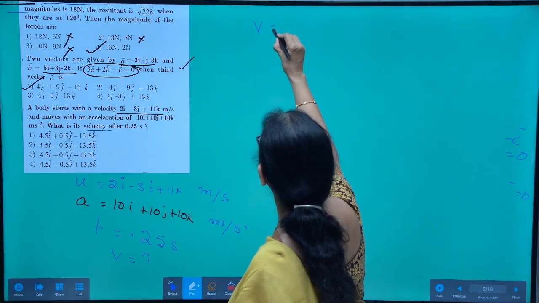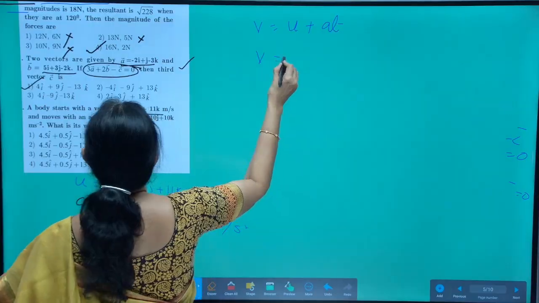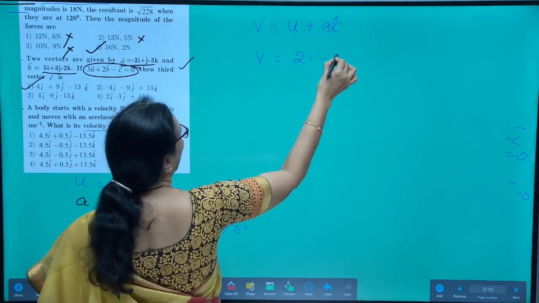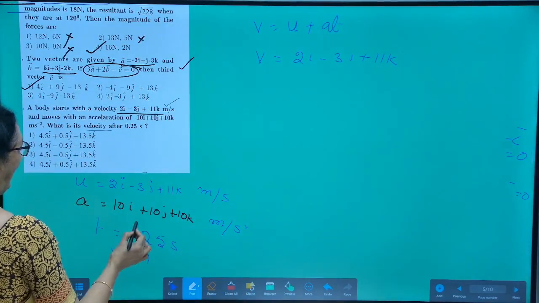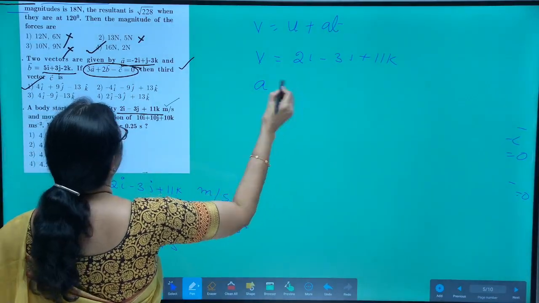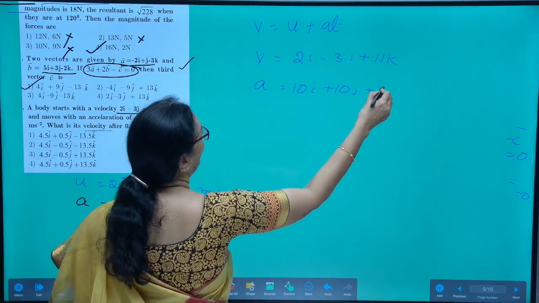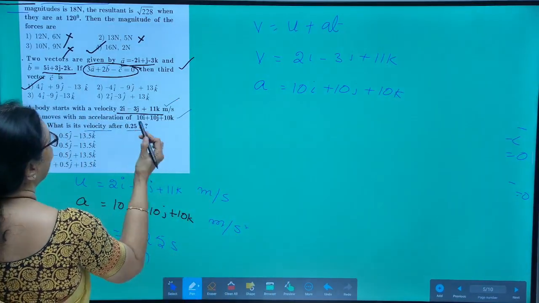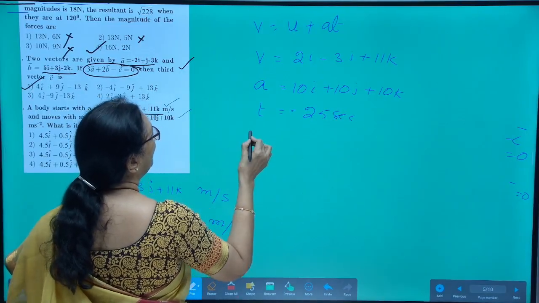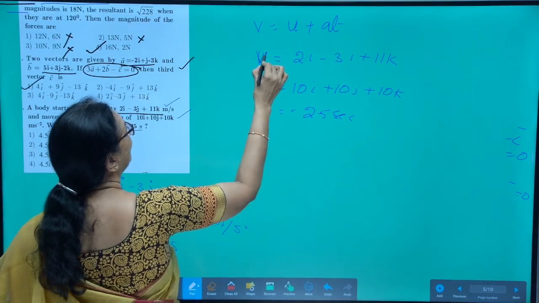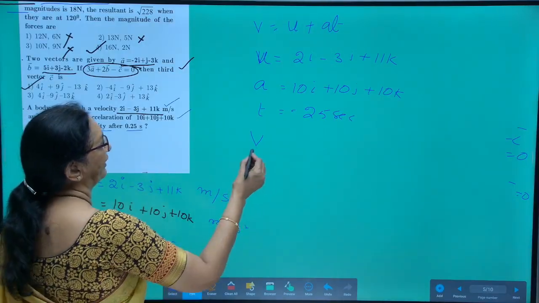Substitute these values here. u is equal to 2i minus 3j plus 11k, and a is equal to 10i plus 10j plus 10k, and t is equal to 0.25 seconds. This is the initial velocity, since the body starts with that velocity.